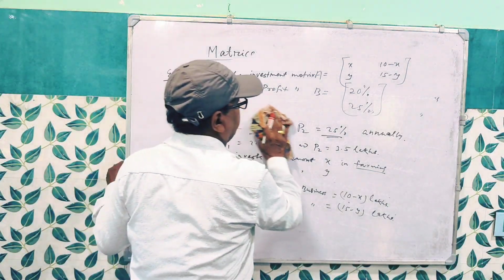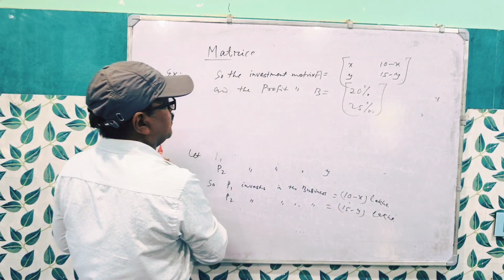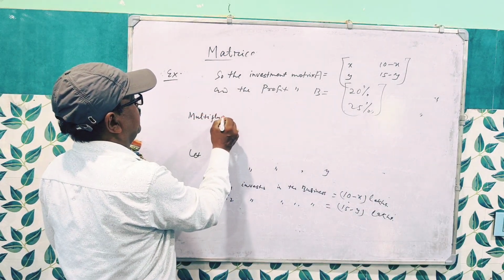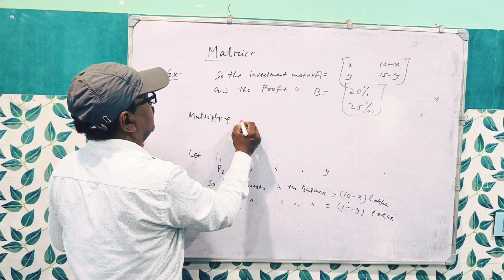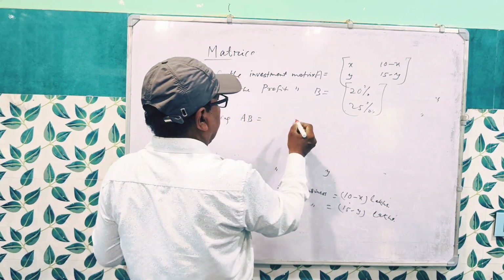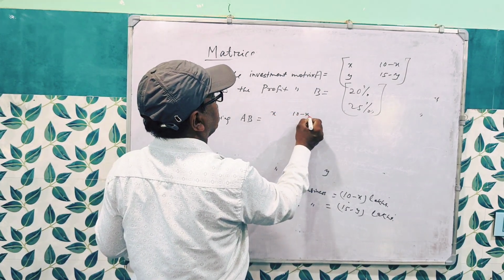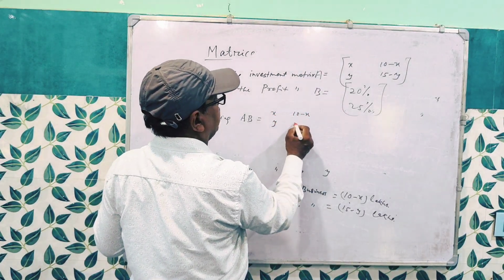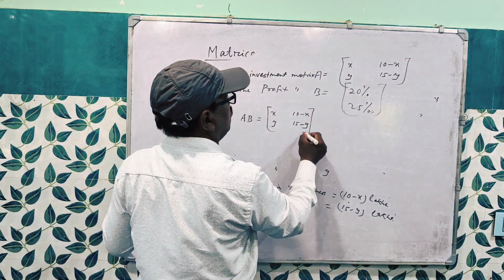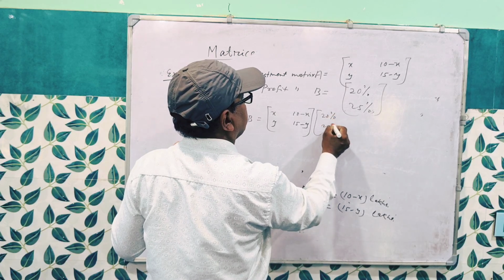So multiplying A and B, we have AB is equal to [X, 10 minus X; Y, 15 minus Y] into [20%; 25%].